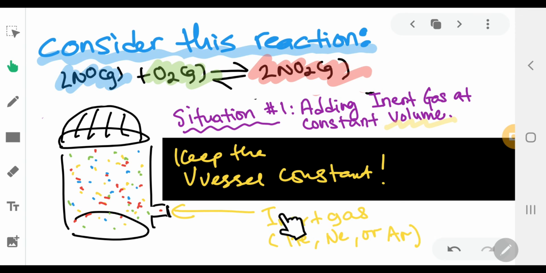So as we keep on injecting inert gas, so you can imagine that we keep on putting more and more inert gas into this closed system, what will happen to the total pressure? The total pressure will increase. Remember, the total pressure will increase because you keep on adding inert gas inside here.